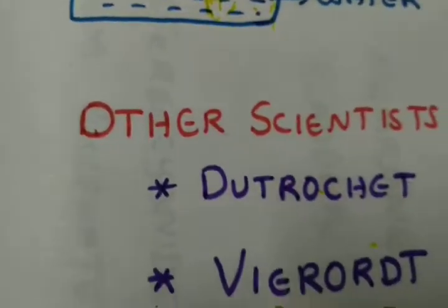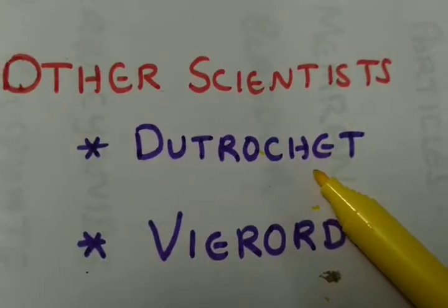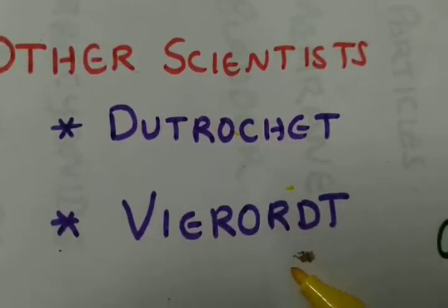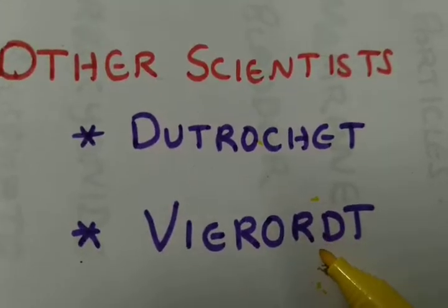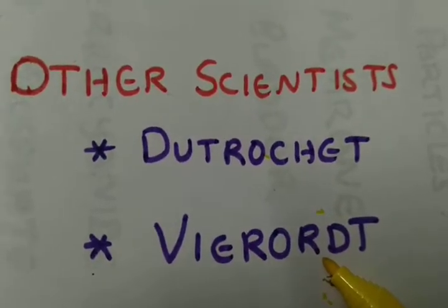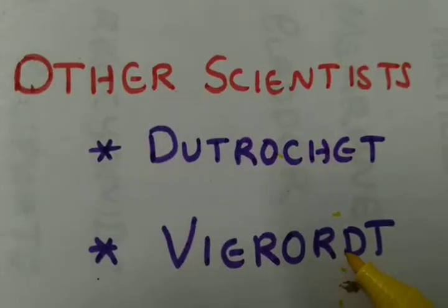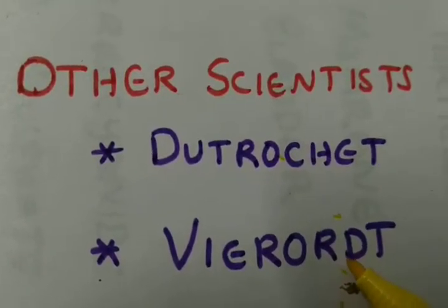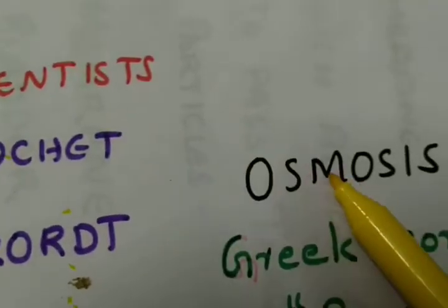Later, other scientists who studied this in detail, Dutrochet and Virot, also called such a process, the flow of solvent molecules into a solution, osmosis.